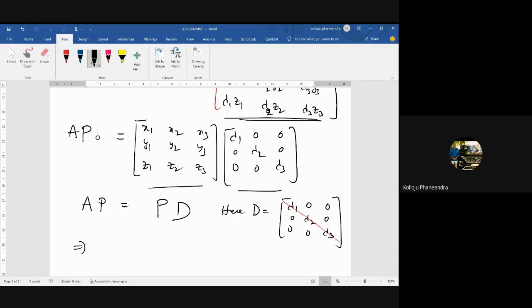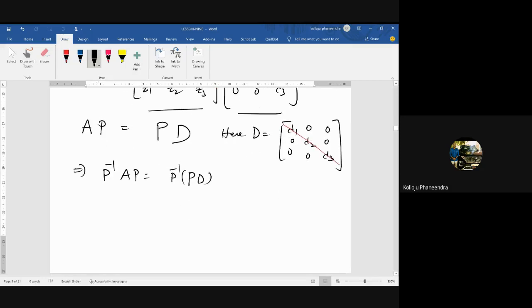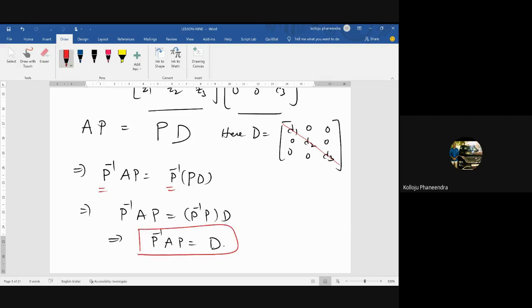Let us pre-multiply on both sides by P inverse. P inverse AP equals P inverse PD. Then P inverse AP equals P inverse into P into D, by the associative property. That implies P inverse AP equals D, where D is the diagonal matrix.